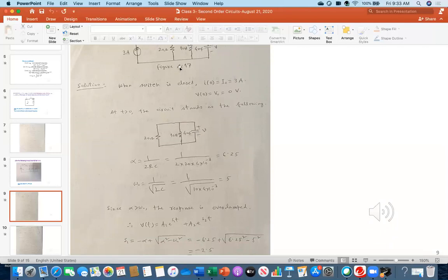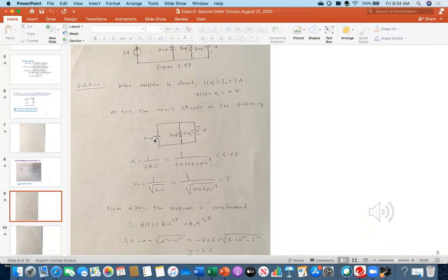It depends on the circuit. After eliminating the source, it might look like a series circuit, or it might be a parallel circuit. It does not matter, because by now you have already learned how to solve. Accordingly you choose the equation and solve it. The methodology, everything is the same. The only thing is that the alpha value is different.